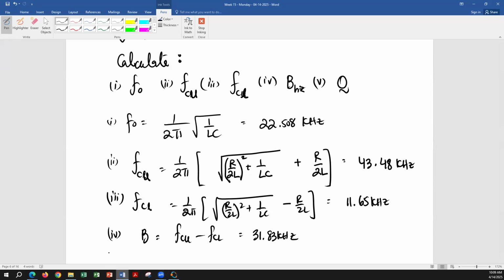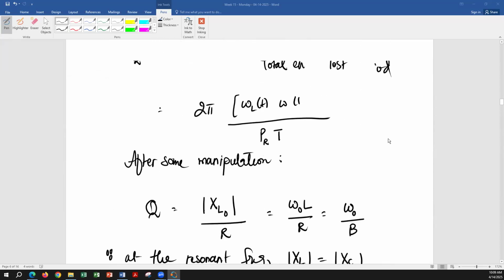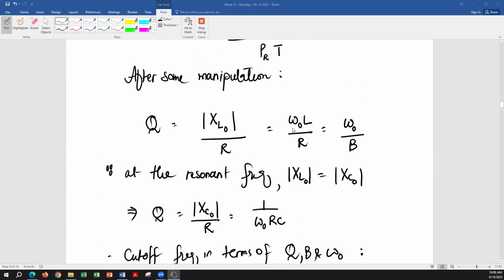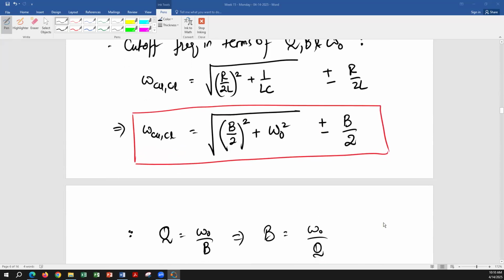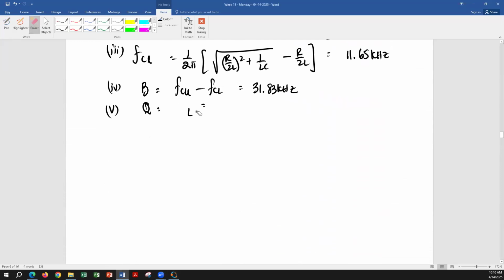And finally, the quality factor can be calculated as omega naught L over R. R over L is the bandwidth.